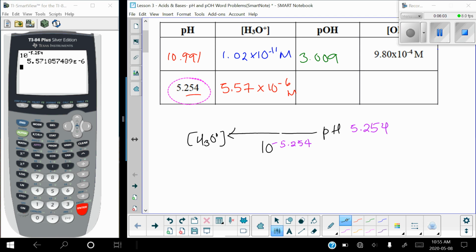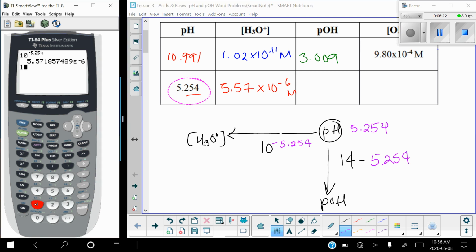We can't really go further from hydronium, so I go back to my pH. Oh, hey, we can also find POH if we have our pH value. 14 minus 5.254.